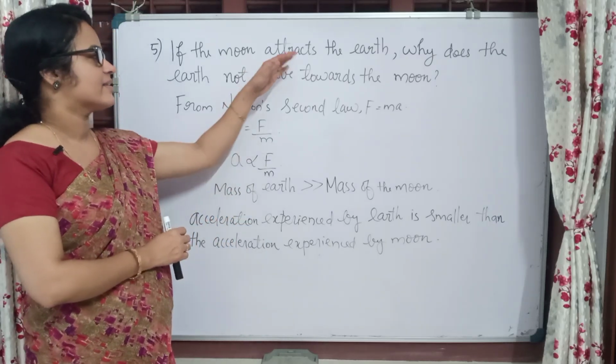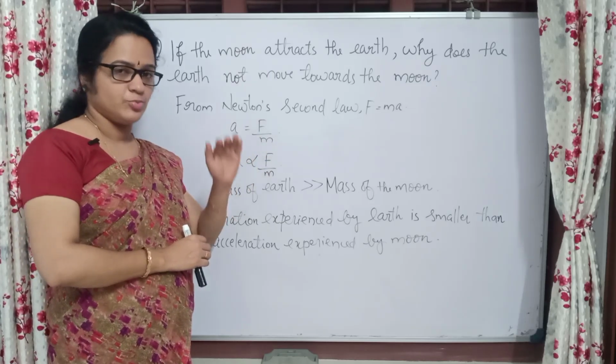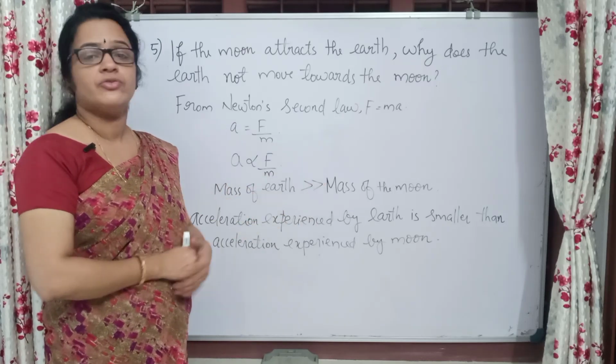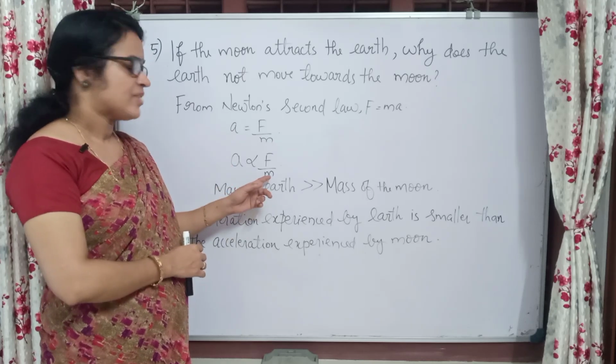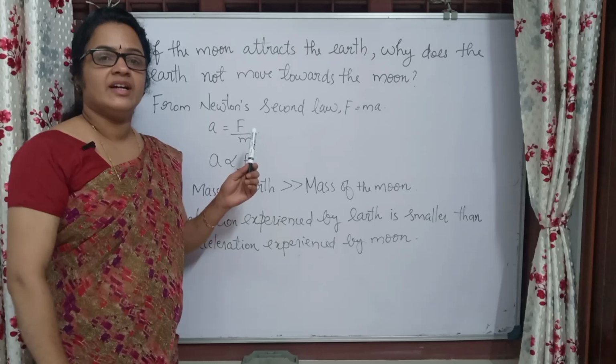So now we can consider the case of Moon and Earth. What about the mass of Earth and Moon? Here we know that the mass of Earth is much greater than the mass of Moon. Since the mass is much greater, as the mass increases, acceleration will decrease.